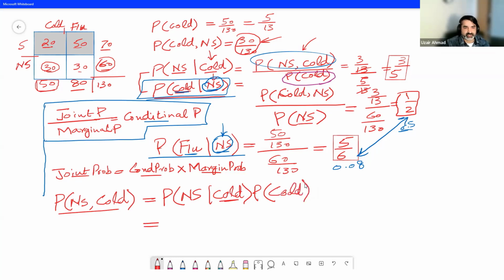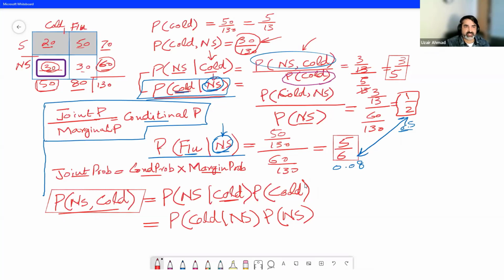Or the same thing we can write as probability of cold, given that the person is not sneezing, multiplied by probability of not sneezing. So joint probability has 2 ways to be calculated. Either we divide this probability of joint event by this margin or this margin.